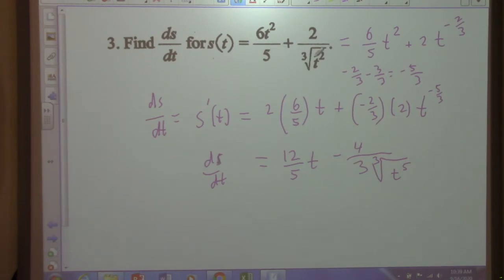You could have used a quotient rule for this, but it makes more work, because you'll find that this will be squared. You can still do the low d high minus high d low over low squared, but it's really not helpful. But this thing should be right if I didn't make any mistakes.